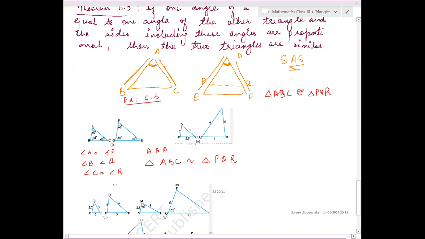And if this is by the AAA criterion of similarity, then this implies that angle A is equal to angle P. Getting the point? I cannot write it like this, that triangle ABC is similar to triangle QPR, not like that. The corresponding angles I will write equal. Getting the point here, Hamna?